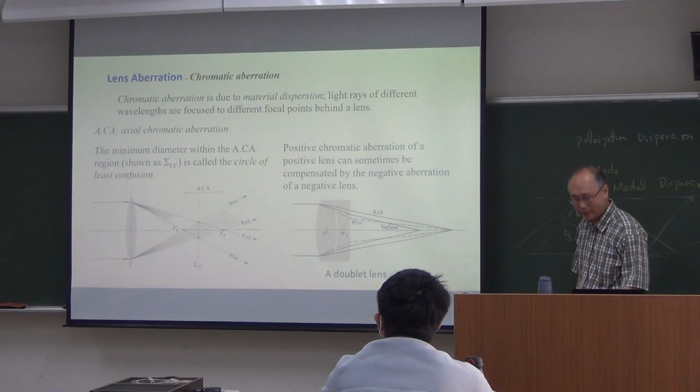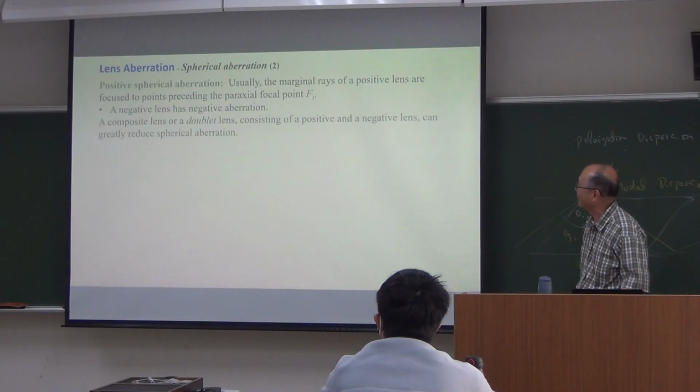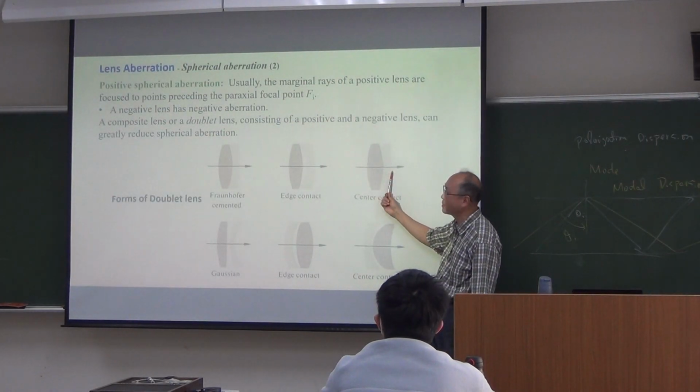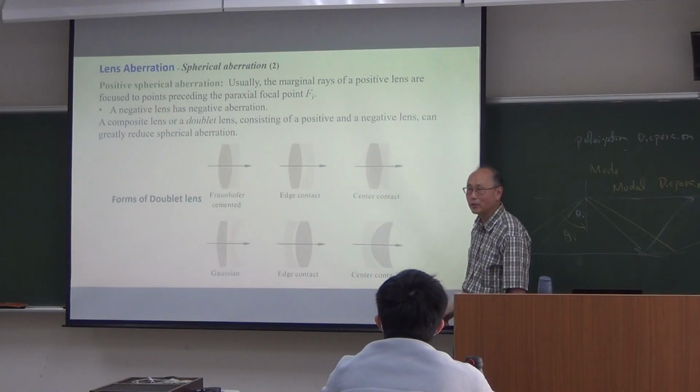But then if you have a negative lens, then you will have negative aberration. Okay, and so this is a sort of conceptual illustration. If you combine a positive lens and a negative lens to form a double lens, then you can reduce the aberration quite a bit.